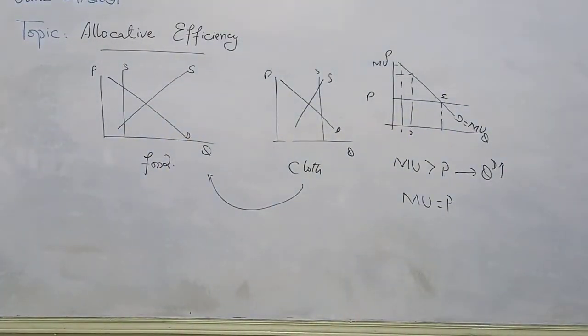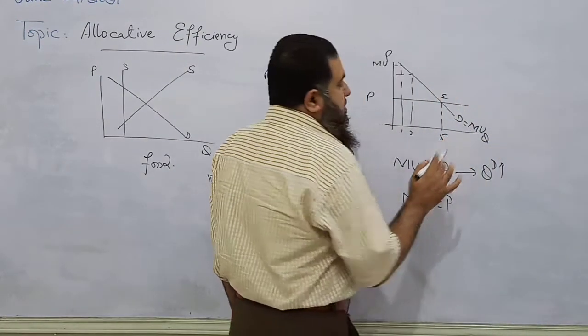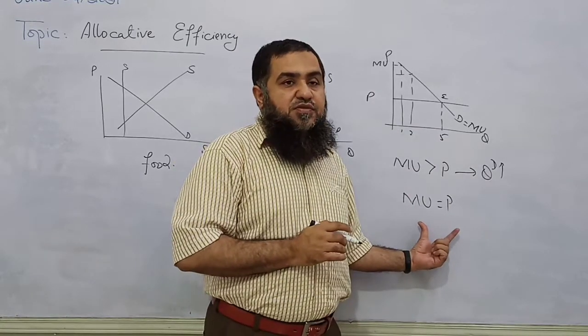So how many units is the consumer going to buy? Suppose there are going to be 5 units over here where this condition is fulfilled.